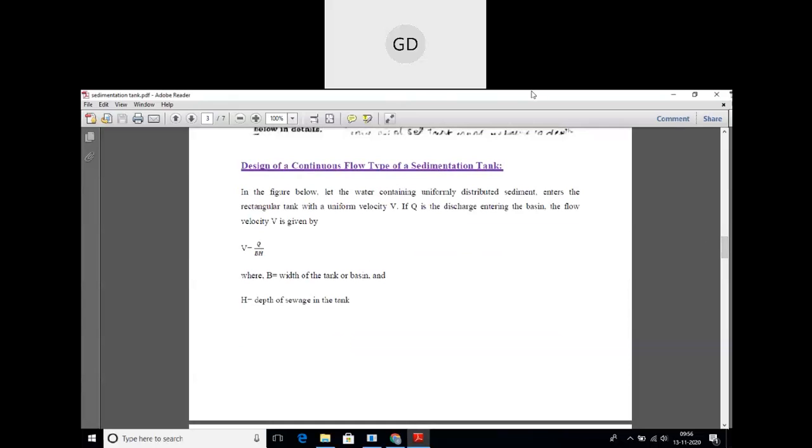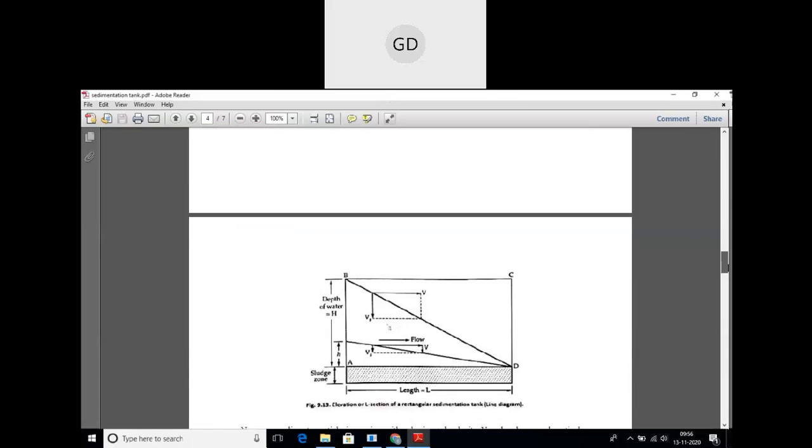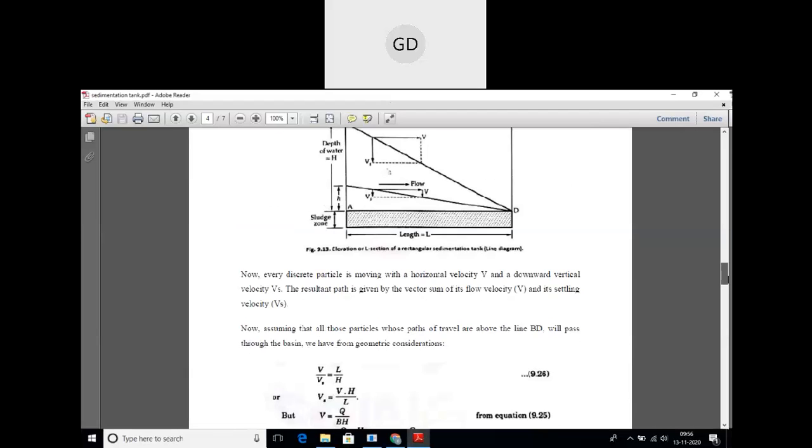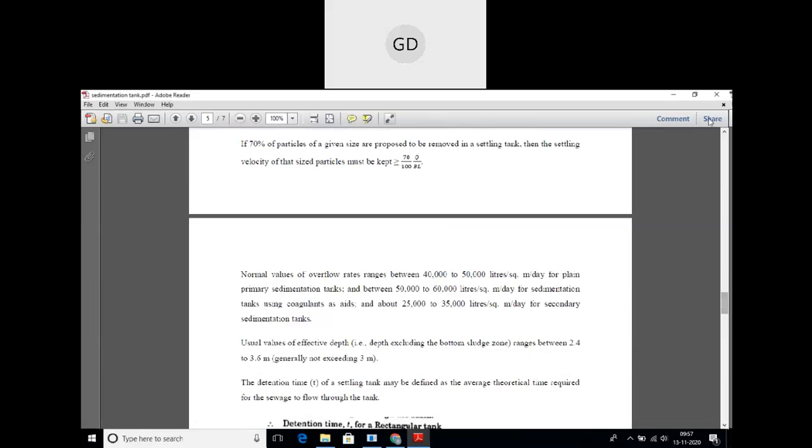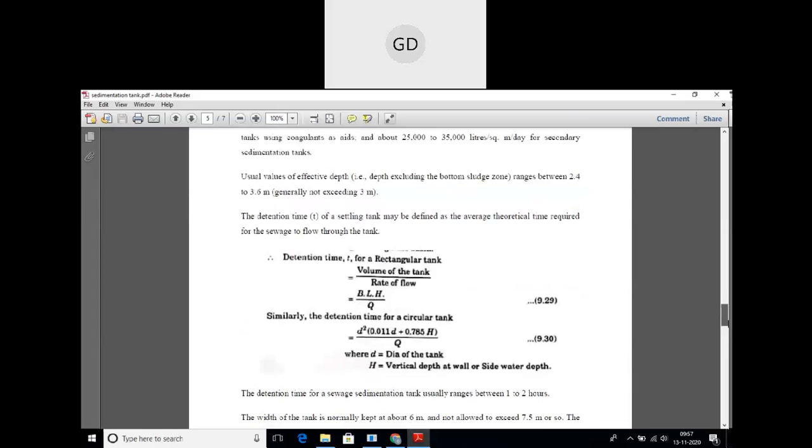You have to remember the V formula and the settling velocity formula, and certain conditions are also given.